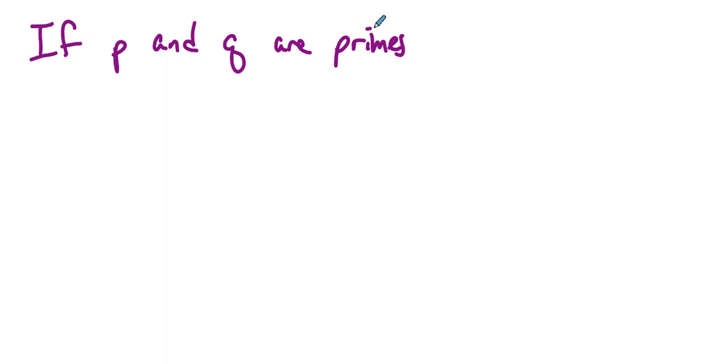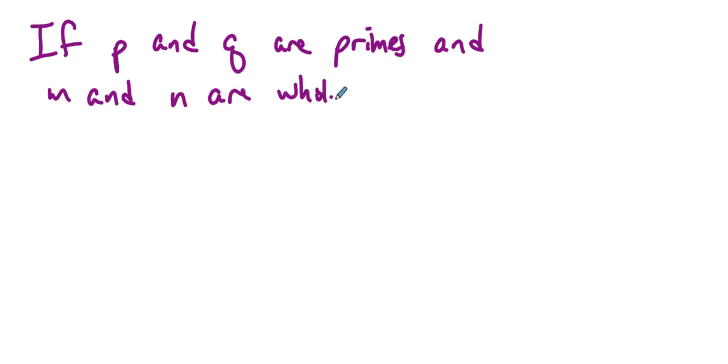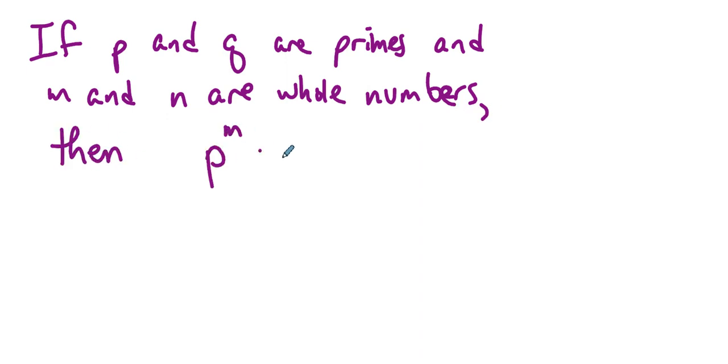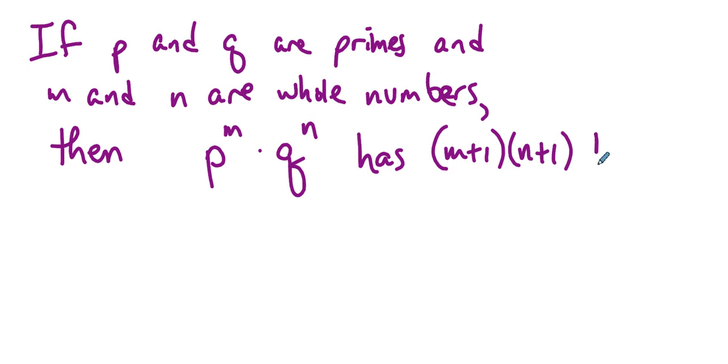So here's the way I want to say it. If P and Q are primes and M and N are whole numbers, then P to the M times Q to the N has M plus 1 times N plus 1 divisors.